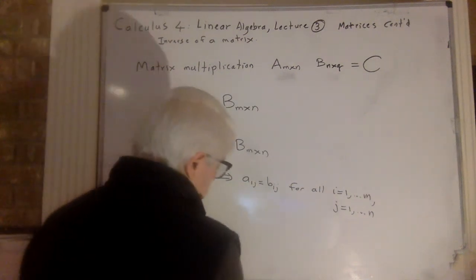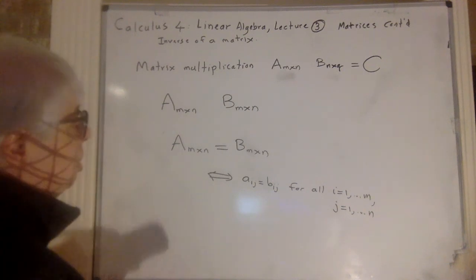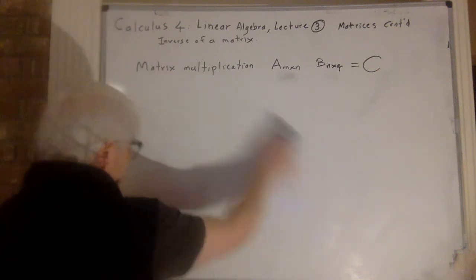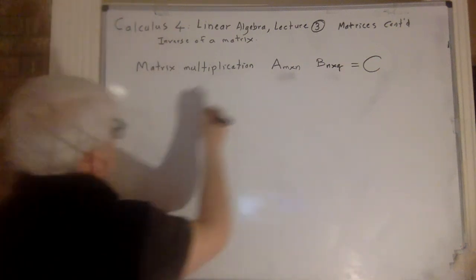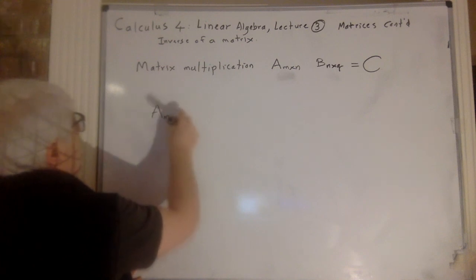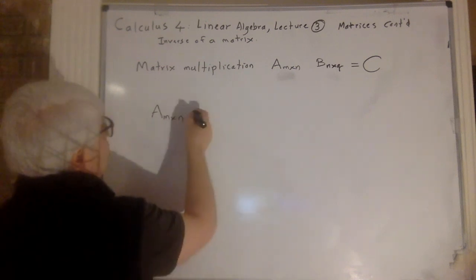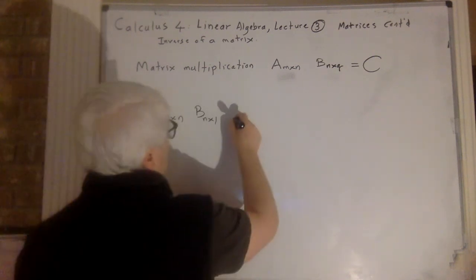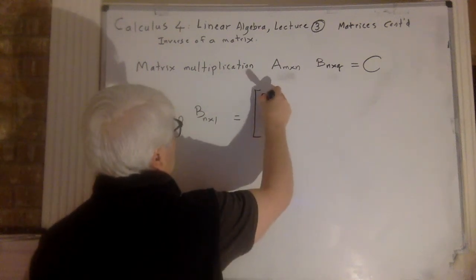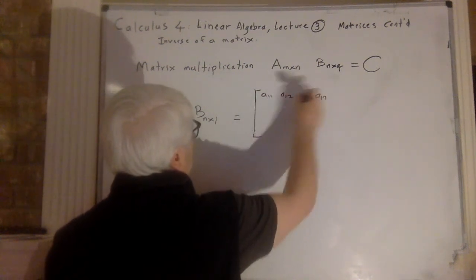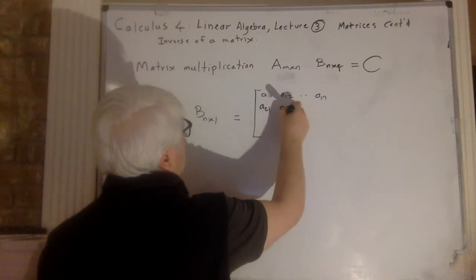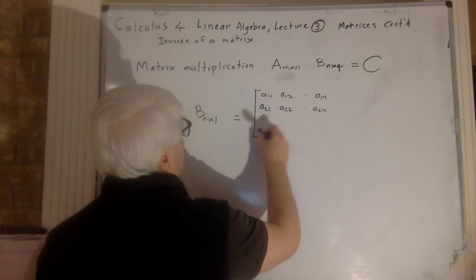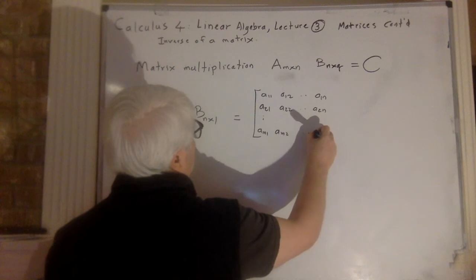Okay, so this basically means that they are the same. Now, using this, let me multiply a matrix A m by n by a column vector. So let's say B is in fact n by 1. So I'm multiplying this A11, A12, A1n, A21, A22, A2n up to Am1, Am2, Amn.